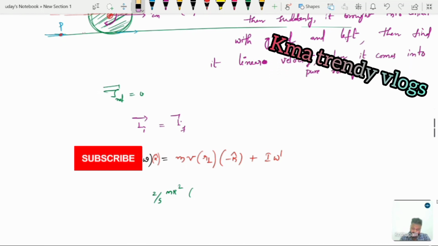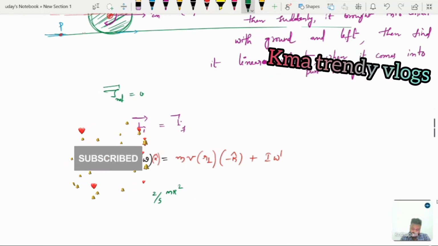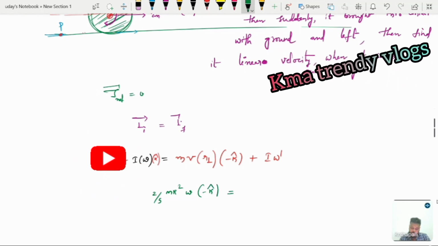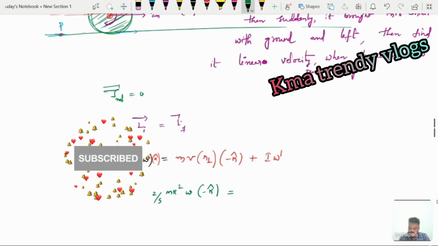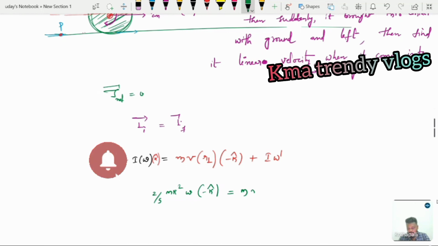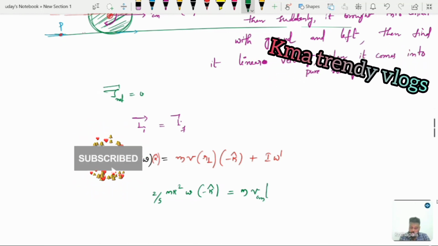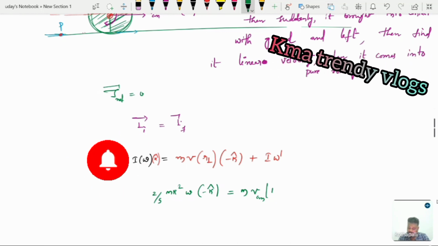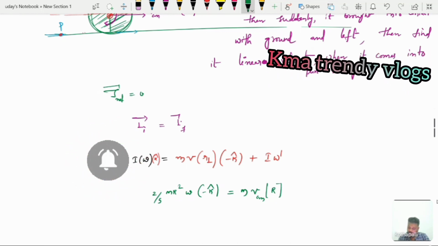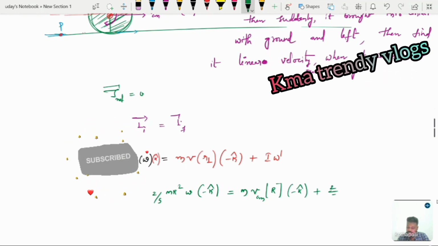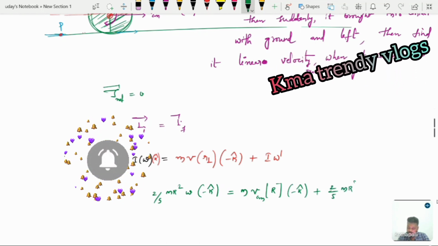Into omega, minus k cap. Let me write it clearly, sorry. Into omega minus k cap is equal to m v r perpendicular. So m, velocity of the center of mass, into r perpendicular, which is nothing but the radius, minus k cap, plus again 2 by 5 m r square into omega dash.